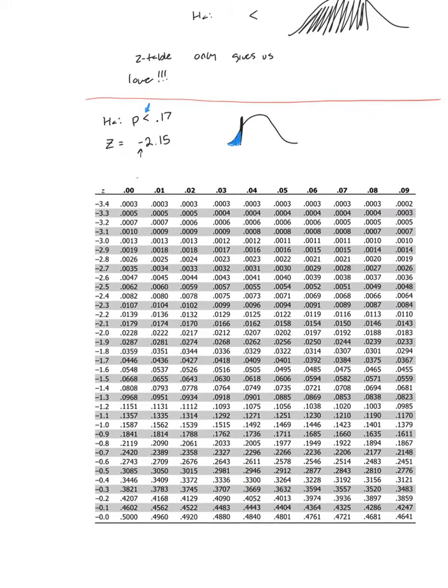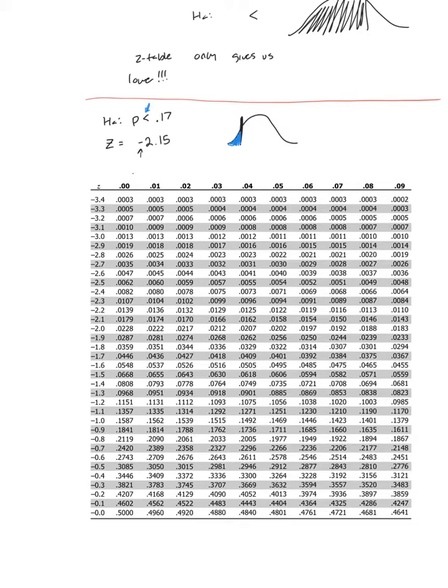So, moving my z-table down here, I need to realize, first of all, that because I'm looking for a left end tail, I could just use my z-table as is. Knowing that, I go to the negative side of my z-table and I try to find my z-score on the table.